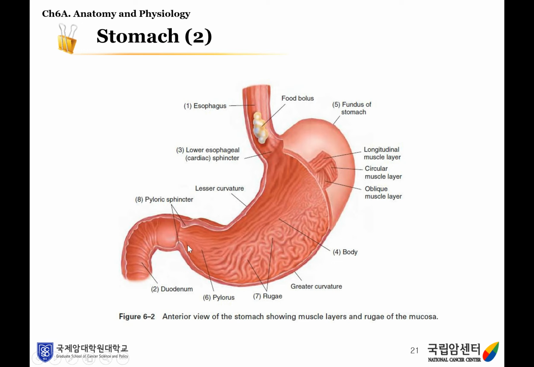And also between the duodenum and the pylorus, you can see the pyloric sphincter. And also there are 2 curvatures, lesser curvature and greater curvature.